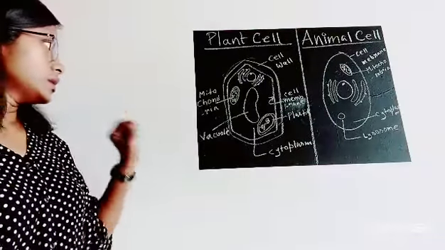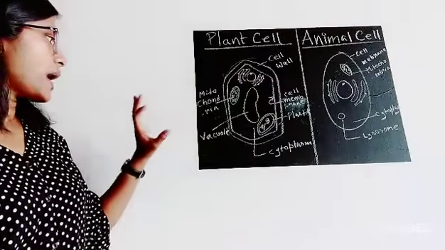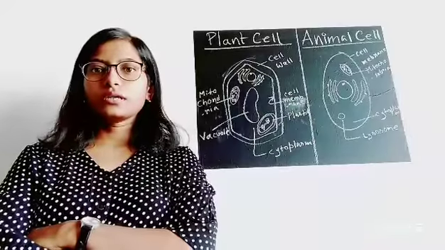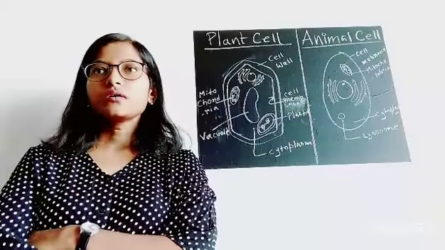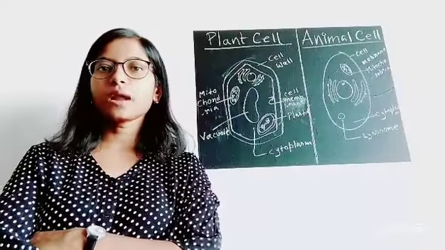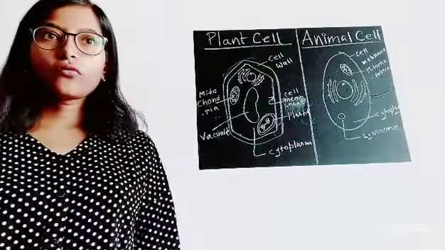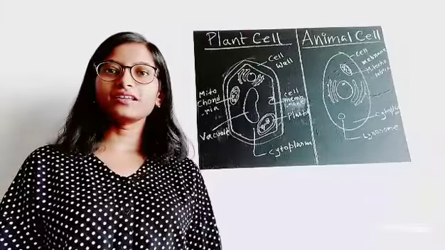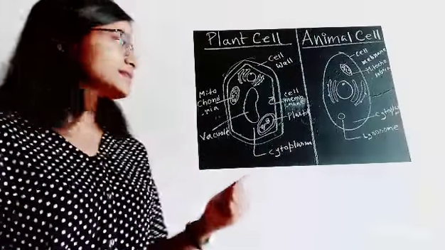Now, the next one. For the plant cell, there is a special type of organelle which is very necessary for plant survival. Do you know what the organelle is? The name of the organelle is plastid. Yes.